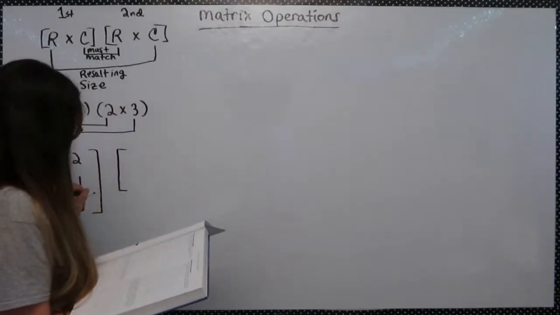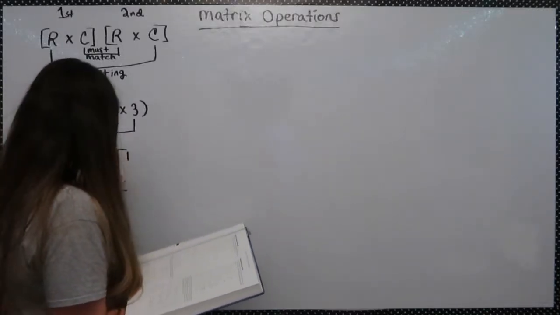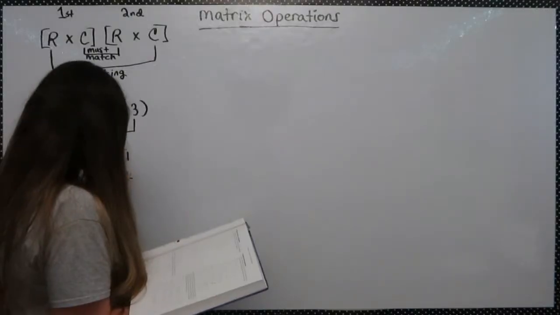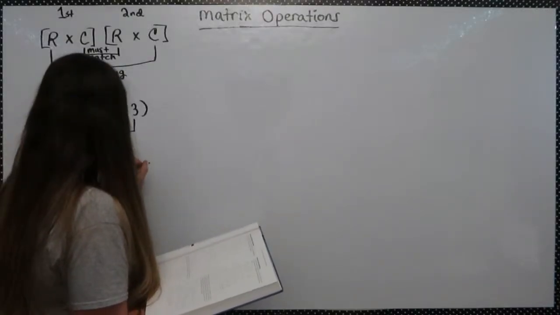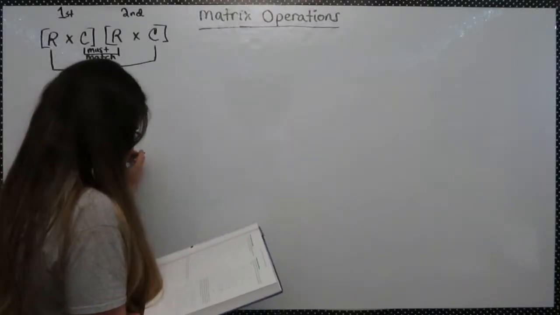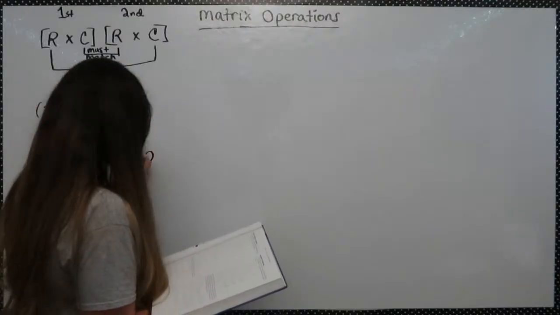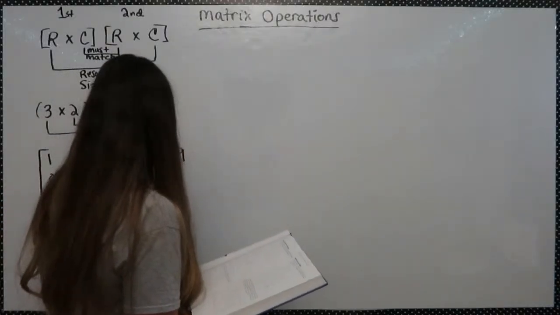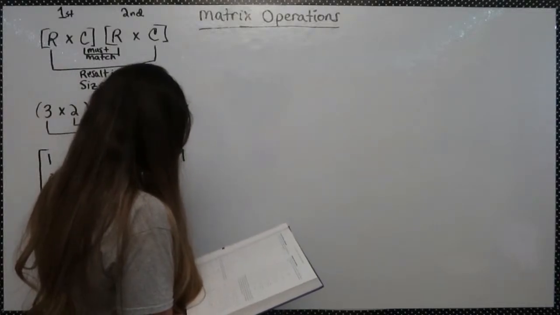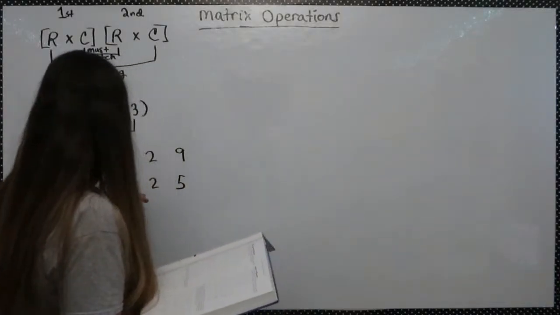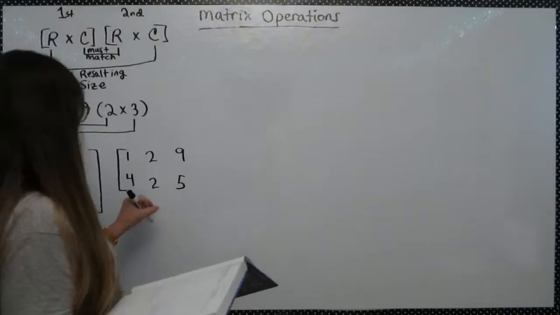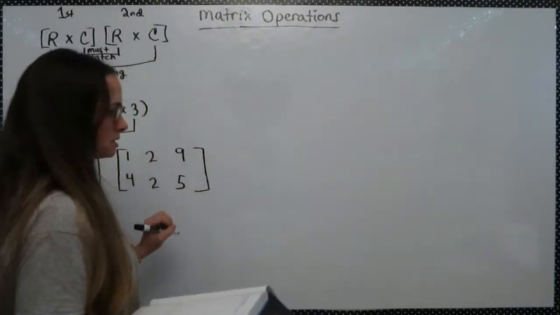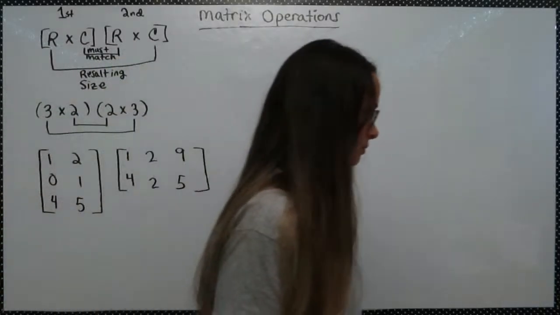So we'll do 2 rows. So we'll do 1, 4, and 3 columns. So we'll do 2, 2, 9. That was a 5. 2 rows, 3 columns. So I think this is the size of the matrices that we're saying we're going to multiply.